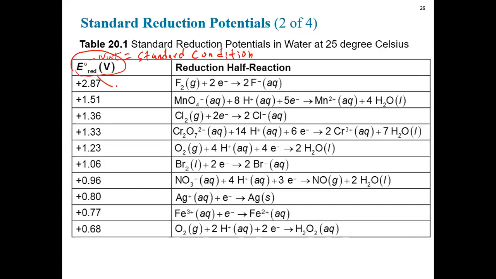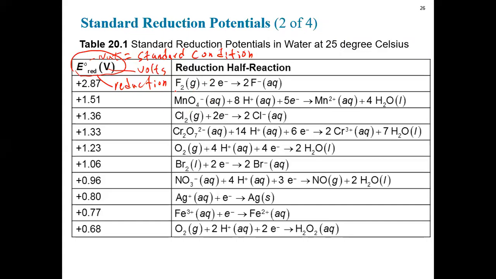This red means reduction. So the table just gives you those numbers for those species being reduced.